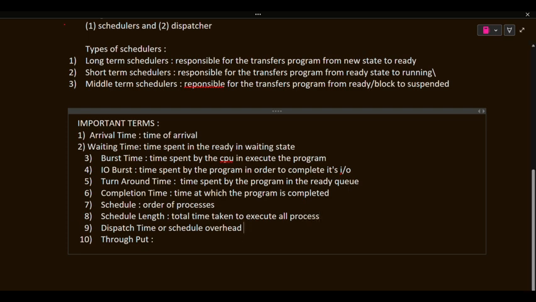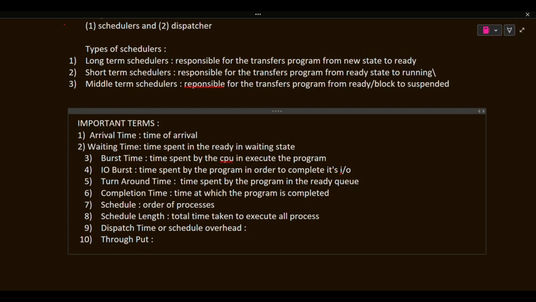The next one is the dispatch time. As I told you, the dispatcher is responsible for transferring a program from one state to another state, and it also loads the last state of the program. So this process requires some time.